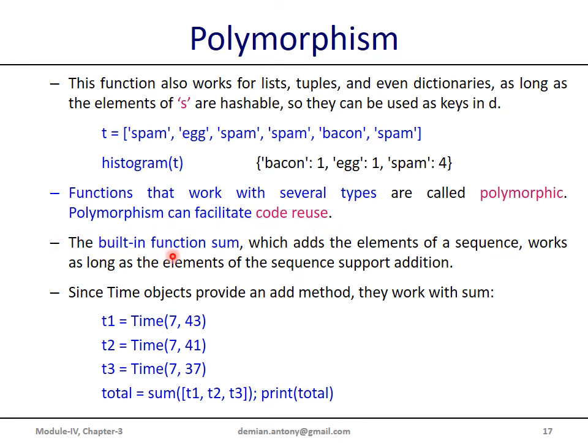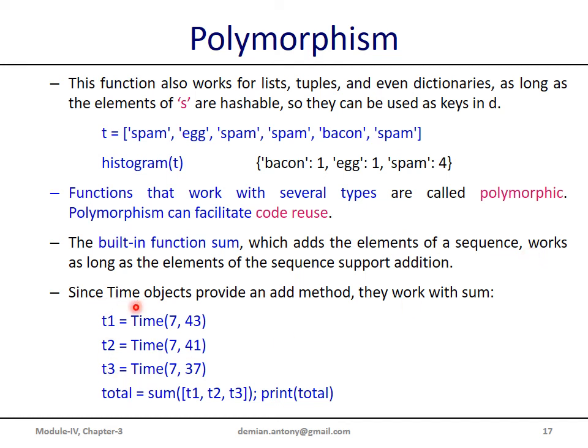If you see, the built-in function sum, which adds the elements of a sequence, works as long as the elements of the sequence support addition. For example, even if you have a sequence with floating point numbers, the sum will work. Similarly, for integers, it works.